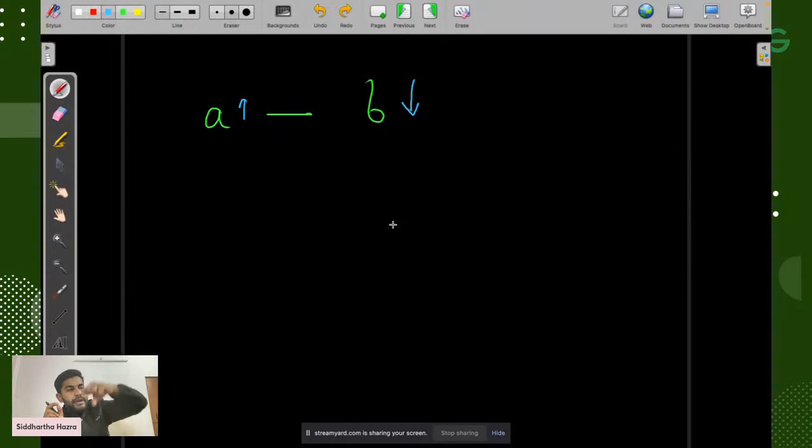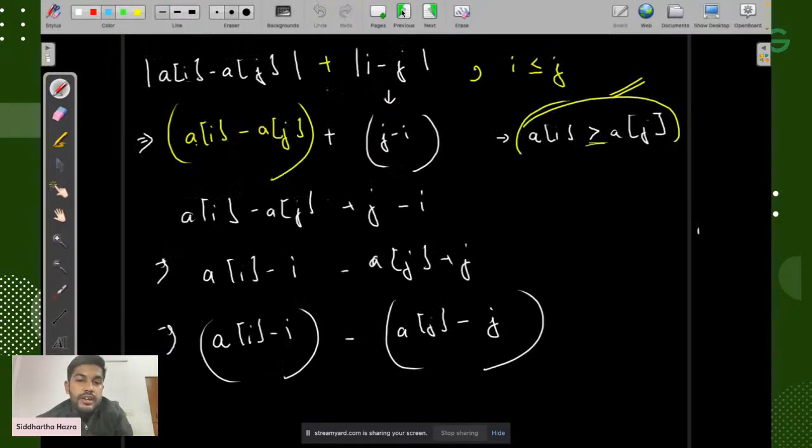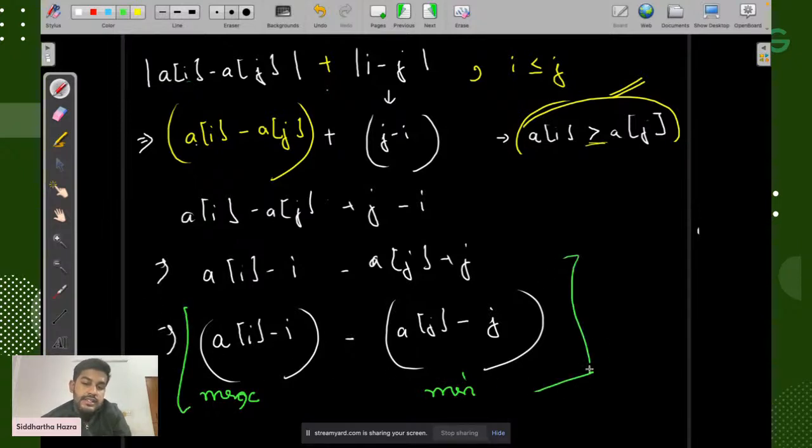That means this side should be as high as possible and this side should be as low as possible, then only the difference would be large. In the same manner, we need a maximum value of this and a minimum value of this. So basically this is the first condition.